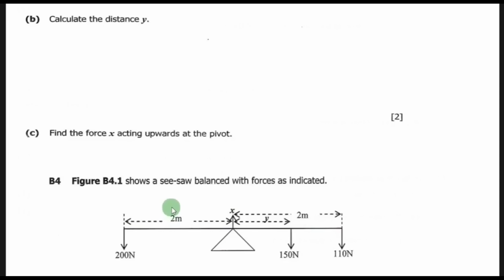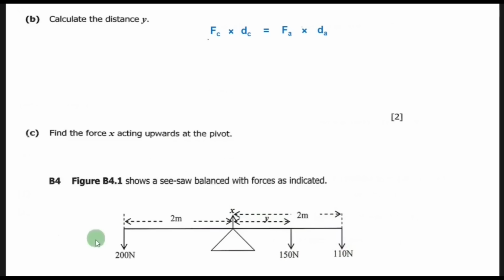To be able to calculate the distance, we are going to apply again, just as we did in section A, the principle of moments, which says the clockwise force times the distance of the clockwise force from the pivot is equal to the anticlockwise force times the distance of the anticlockwise force from the pivot. However, when you check on this side, we have two forces.